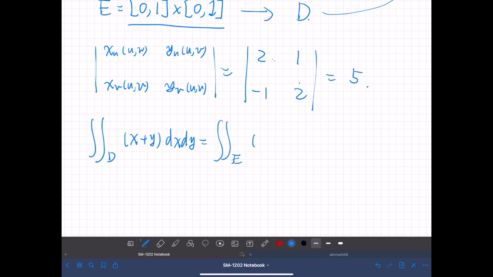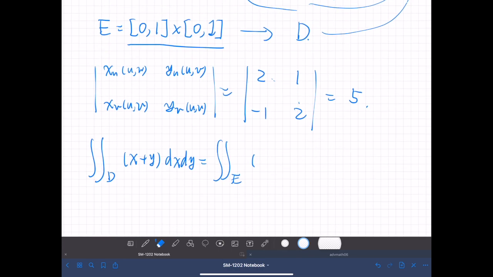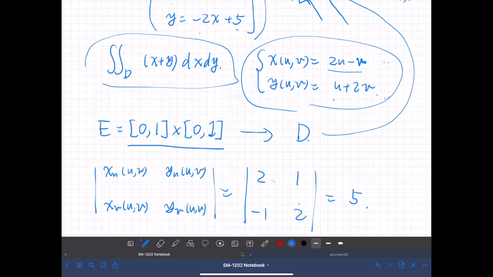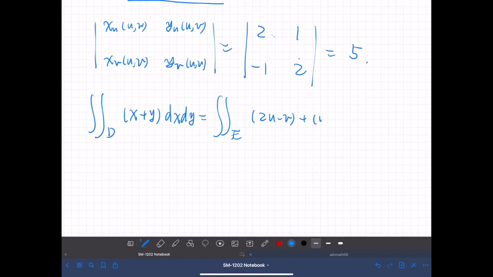That is, x is this, 2u minus v, plus y is this, u plus 2v. And the Jacobian is 5, and du dv.